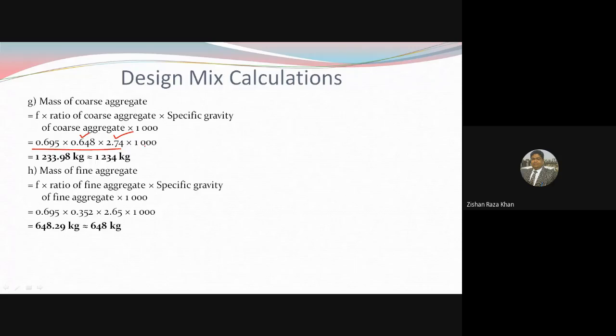So just multiply it by 1000. So convert it from the meter cube to kg, 2.74 into 1000. So total weight of coarse aggregate is 1234 kg. And the total mass of fine aggregate will be total volume, 35.2%, 2.65 specific gravity, and 1000. So 648 kg of fine aggregate should be used.